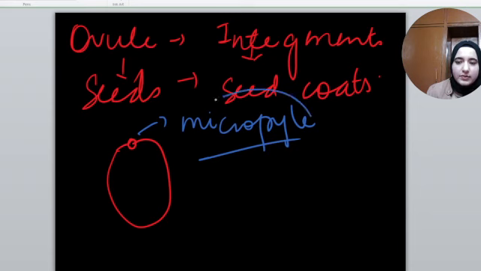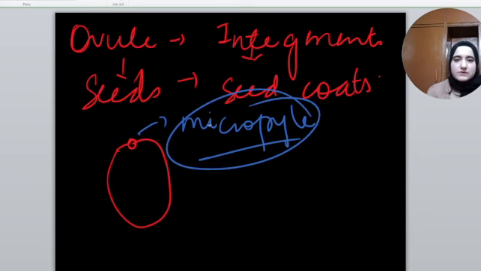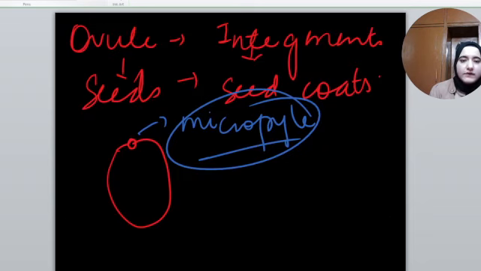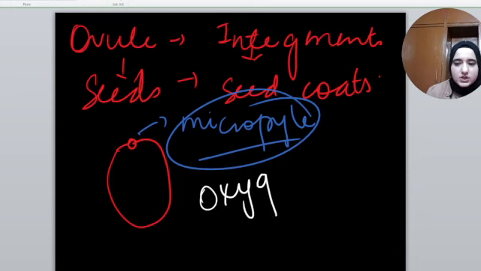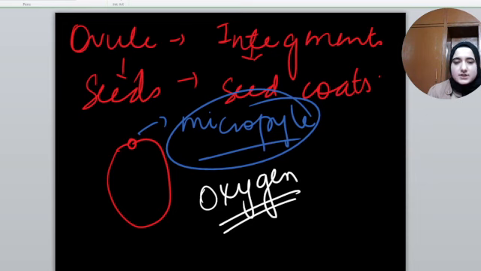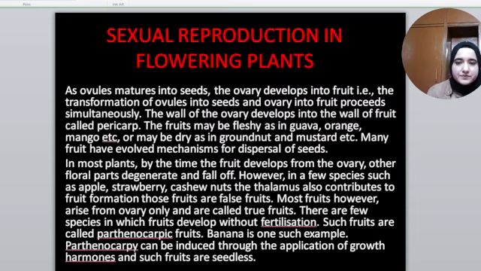This micropyle will remain as it is, as a pore, and through this small pore it facilitates oxygen, water, and the necessary facilities to the seed. I hope this concept is clear why micropyle persists in mature seeds, right?